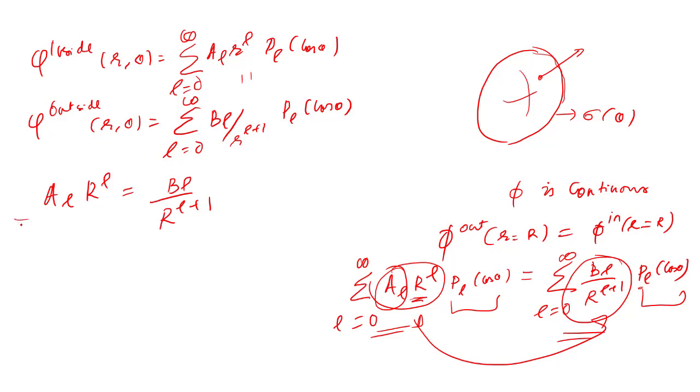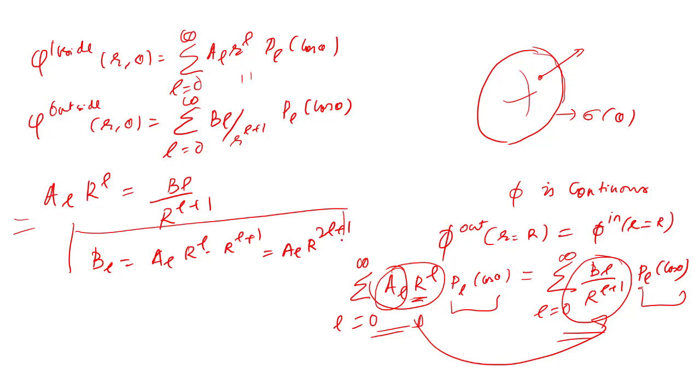So then we have A_L R^L is equal to B_L by R^(L+1), or I can write B_L as A_L times R^L times R^(L+1), or A_L R^(2L+1), right? So that's what we get by just noting that our phi is continuous.